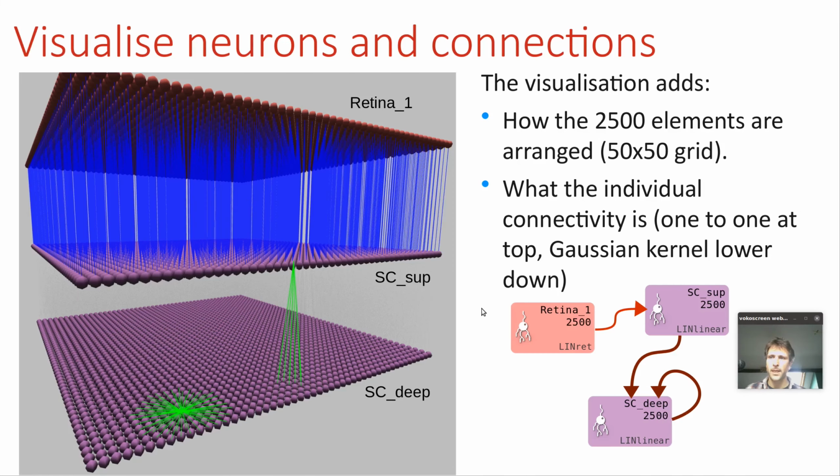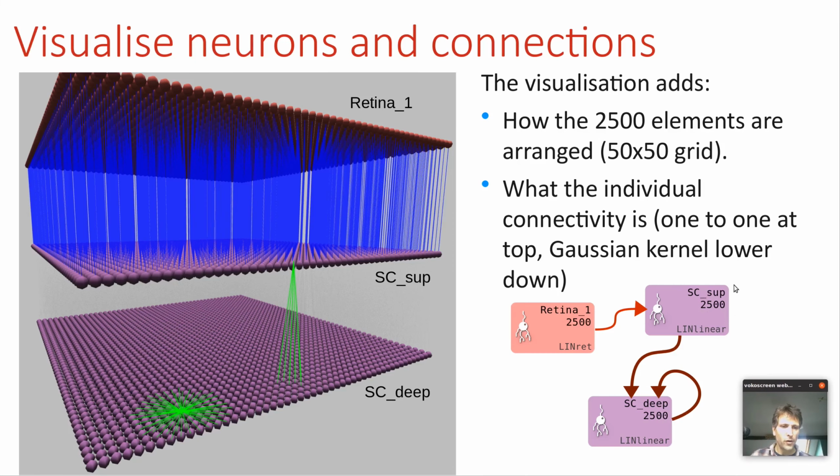Much of the detail in the model is hidden in this view. You can go from that same box and arrow view and visualize the whole thing, neurons and all, to get a sense of the complexity or the scale of the model. So this is showing the same three populations. It's 3 sheets of 2,500 neurons. Each one is 50 neurons on a side. In this case, we've got a one-to-one connection from the retinal population to the superficial layer of the superior colliculus.